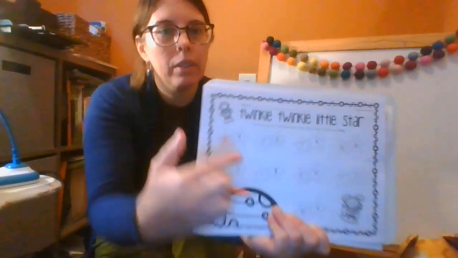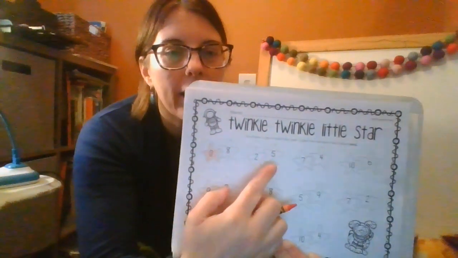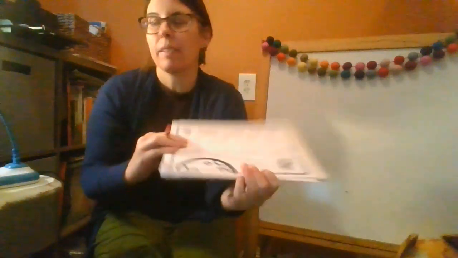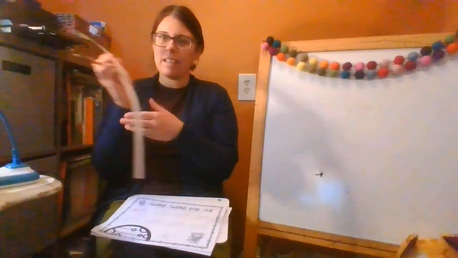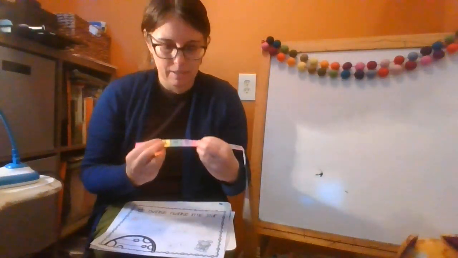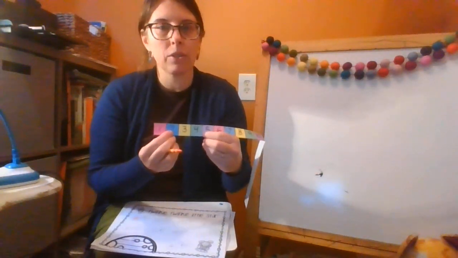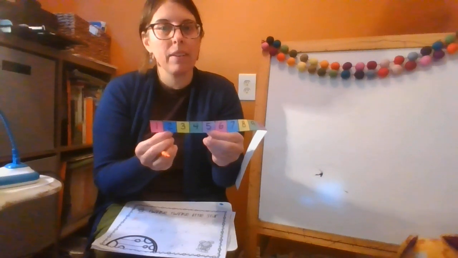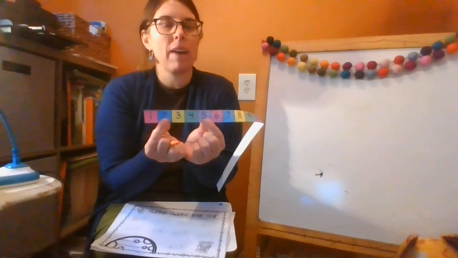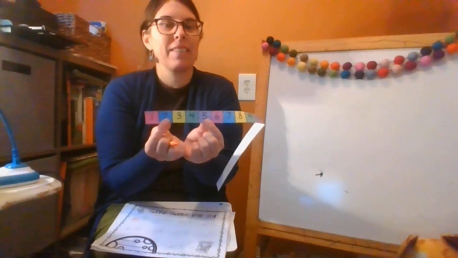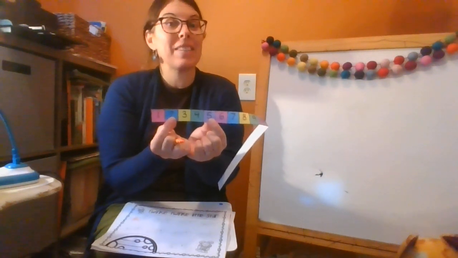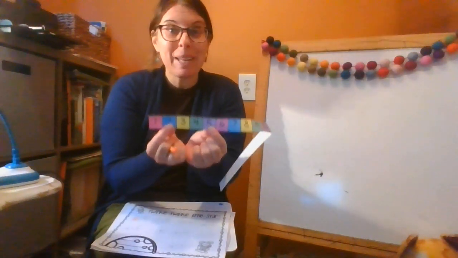2 and 5. Okay, let's get out our number line. Here it is. Here's 2, and here's 5. Which one is bigger? 2 or 5? Oh my gosh, I keep saying bigger. Don't do what I'm doing. Which one is less?